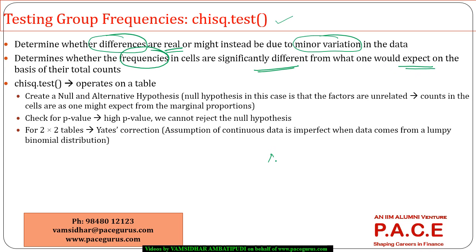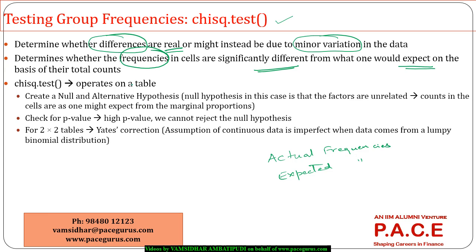Whether the actual frequencies of the groups are completely different from the expected frequencies of each of those groups based on their total actual count. That is the major objective of a chi-square test.